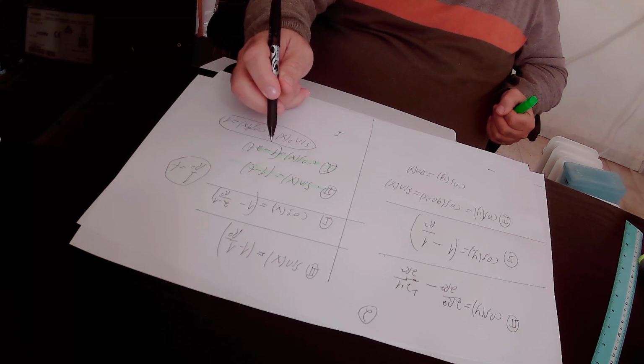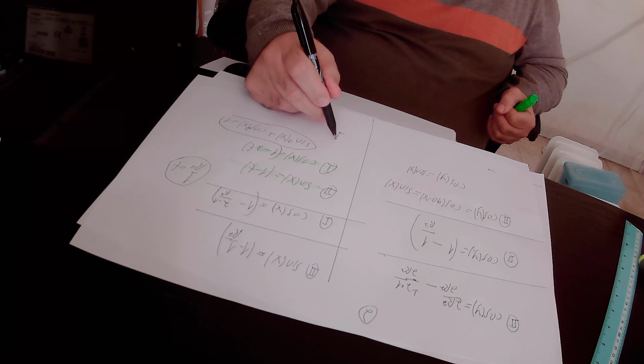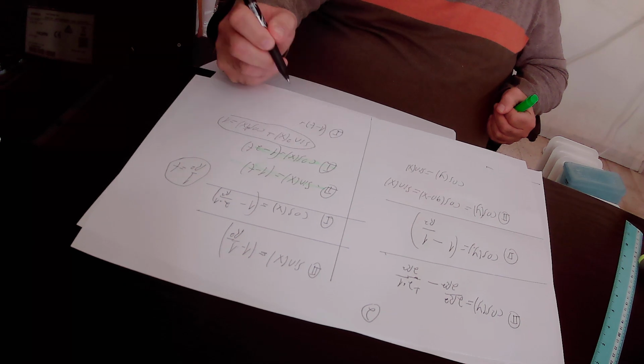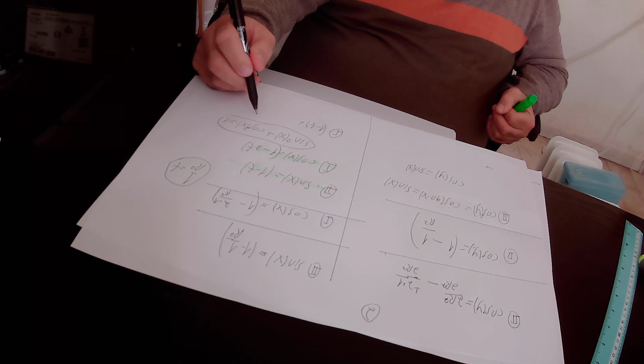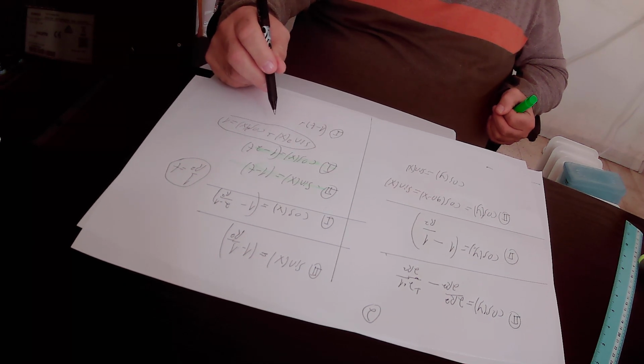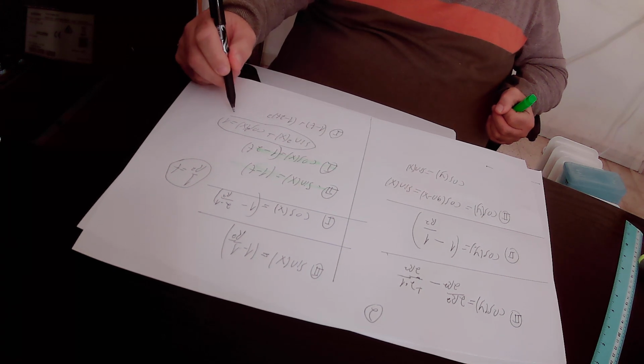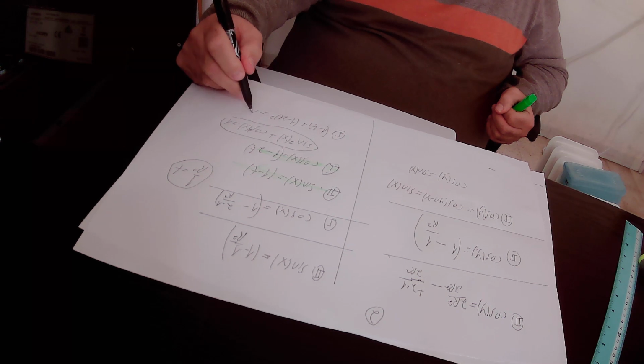Sinus x is 1 minus t, so sinus square x must be 1 minus t squared, plus cosine square x. Cosine x is 1 minus 2t, so cosine square x is 1 minus 2t squared. And it must be equal to 1 according to this identity.